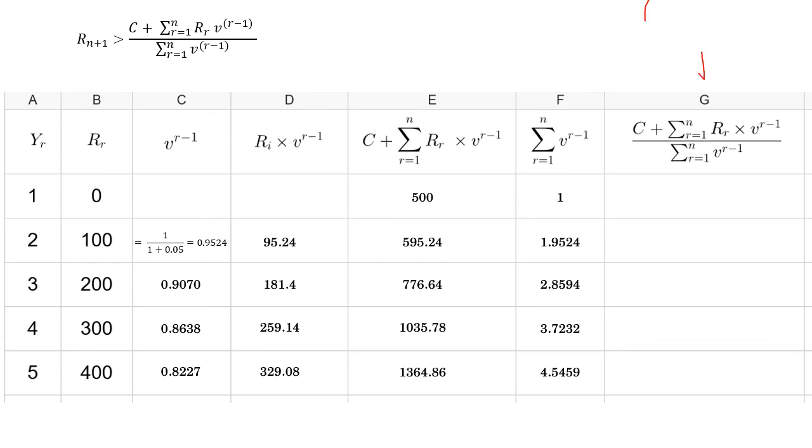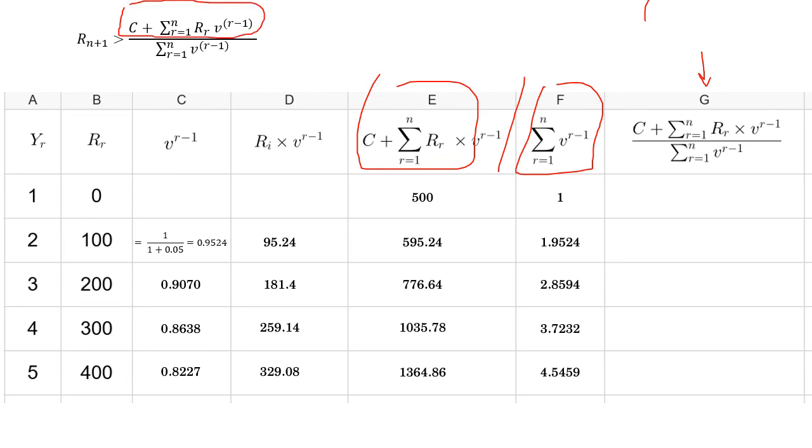Finally, we calculate the right hand side of the inequality, which is simply column E divided by column F. Column E represents the numerator of this right hand side and column F represents the denominator. Hence for r equals 1, this is 500 divided by 1, which equals 500.